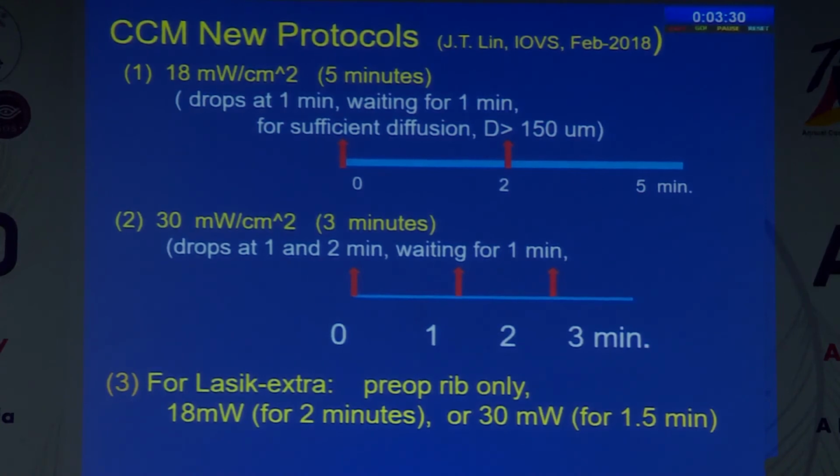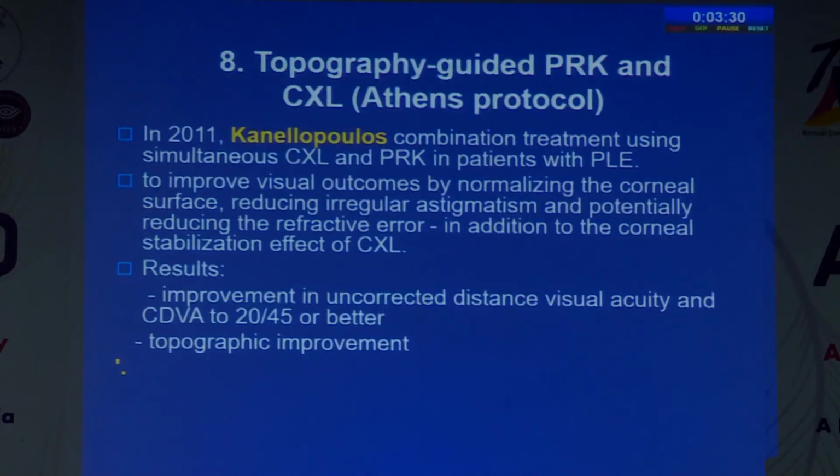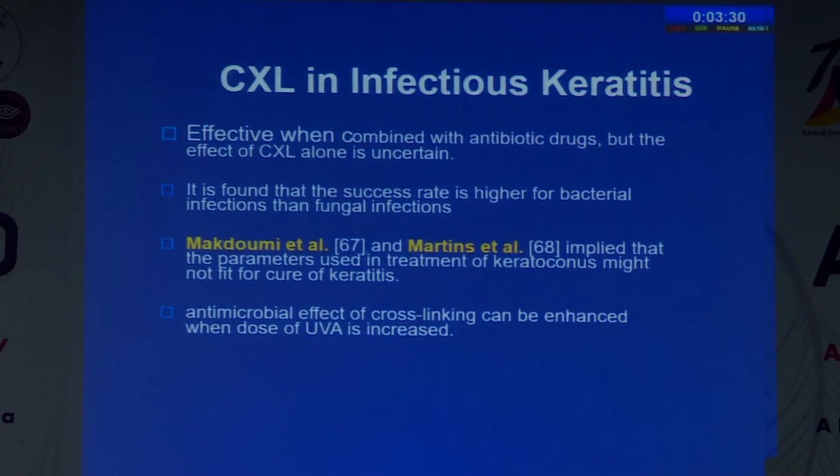That's wrong. That is actually not optimized. So those 2 examples are optimized: when and where you put the eye drops. Now the epi-on approach is different. You only do the pre-op solution, and during the irradiation you don't do anything at all. Just finish. I think I need to stop here, and there are more.